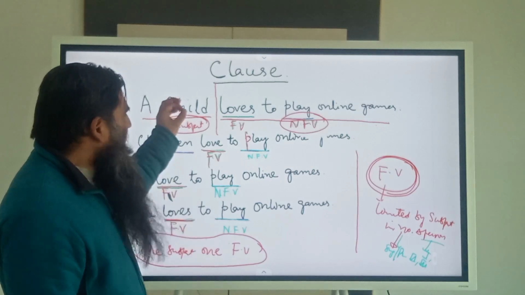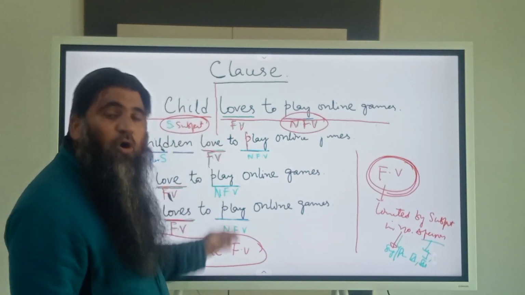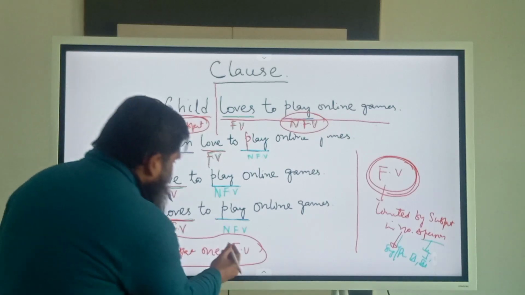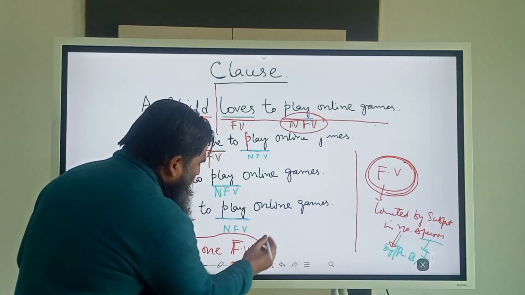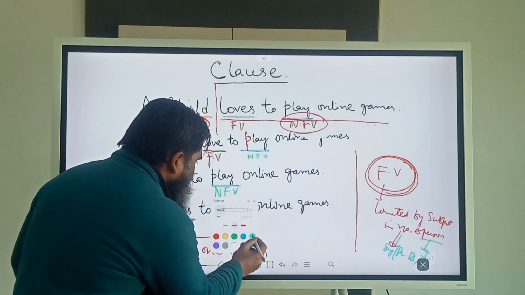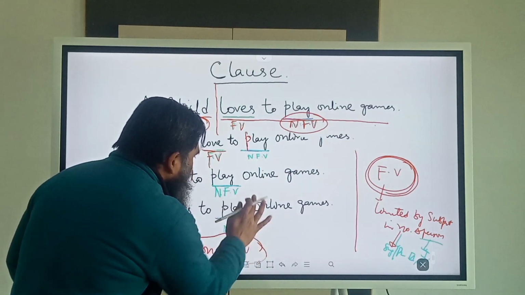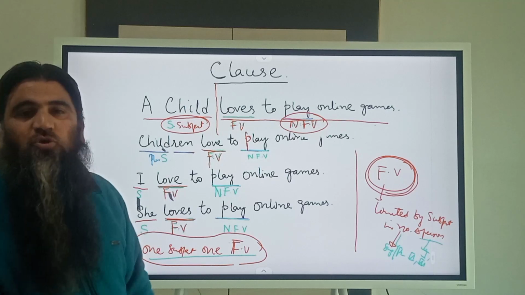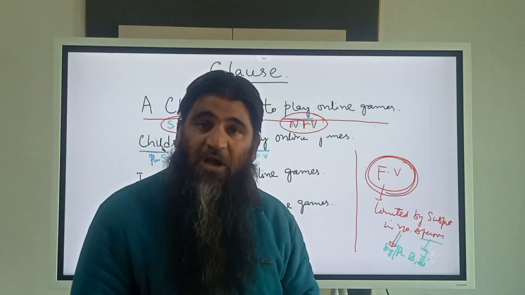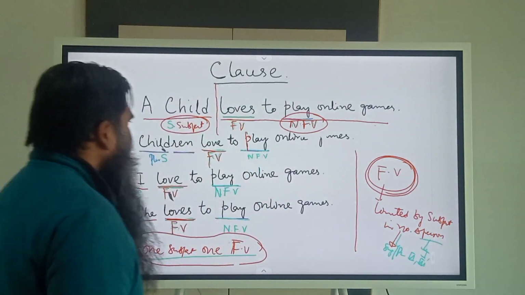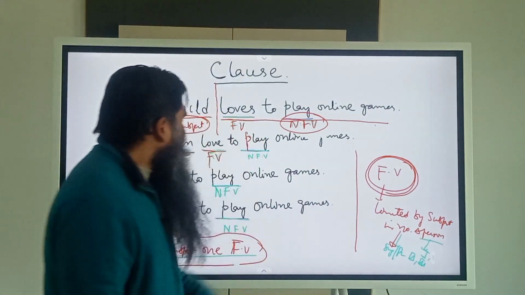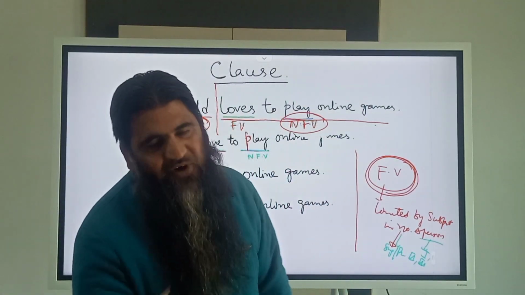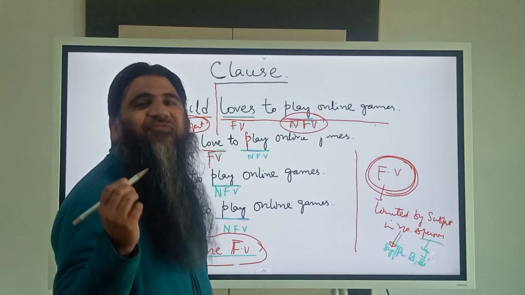So whether it is a sentence or a part of a sentence having one subject and one finite verb, that is known as a clause. So we have another definition of clause now: a clause is a sentence or a part of a sentence having one subject and one finite verb.